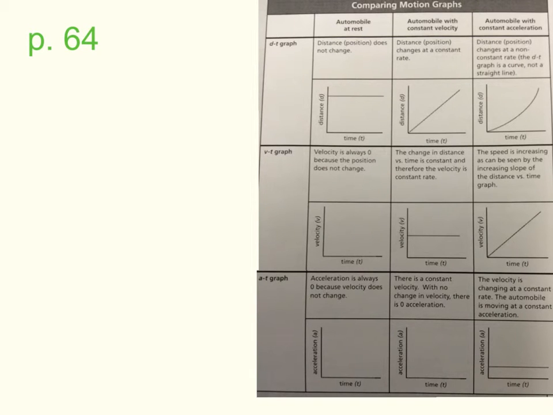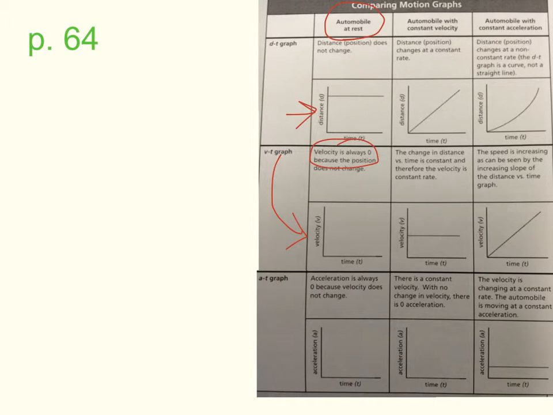Page 64 in the reading provides a comparison between the position time graphs, velocity time graphs, and acceleration time graphs for different types of motion. Here you can see how the graphs compare. In the first column you have a car that is at rest, which has a position time graph with a horizontal line because the position does not change compared to time, which gives us a graph here where the velocity is 0.